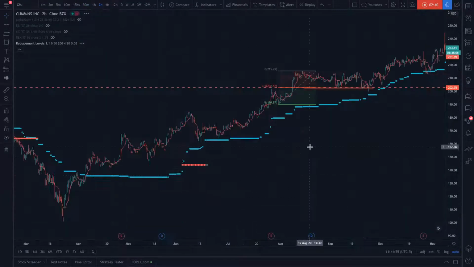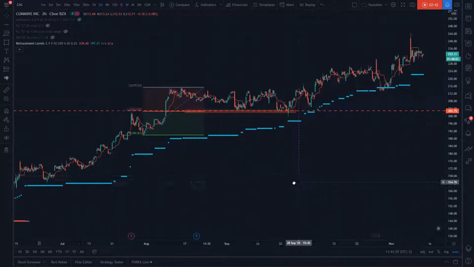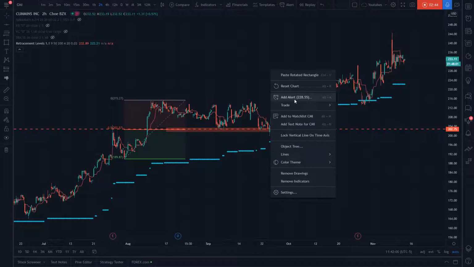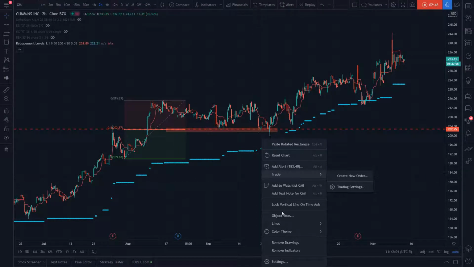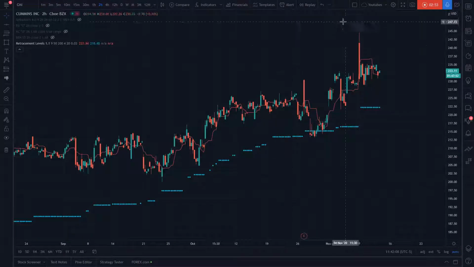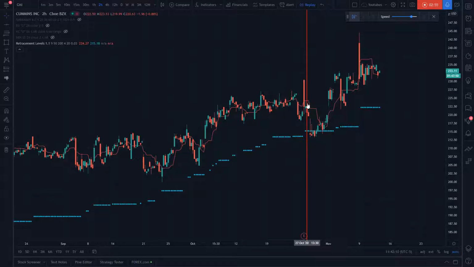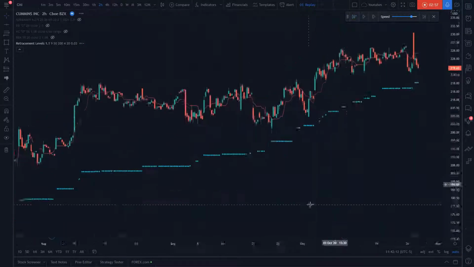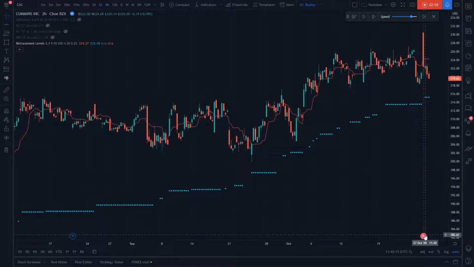Let's zoom out just a little more so we're not so down in the weeds on the 30-minute. So this is a second example of how the 50% retracement level came into play. Let's look at the day of earnings. Earnings came out on the 27th of October right here.